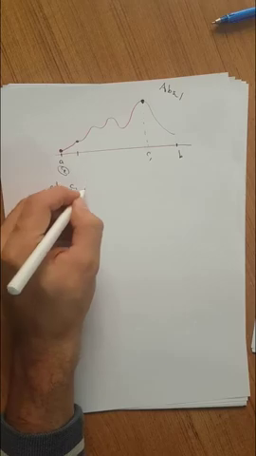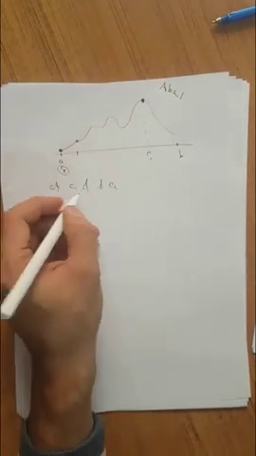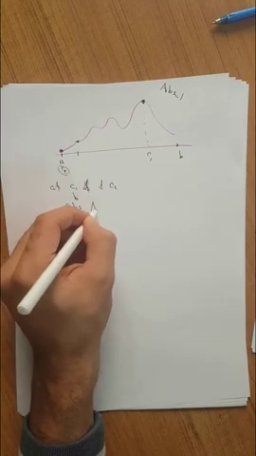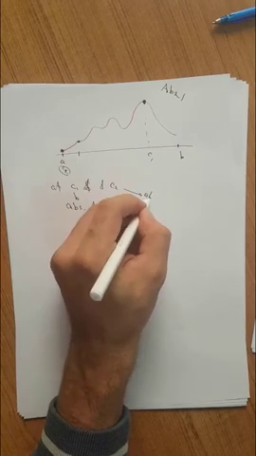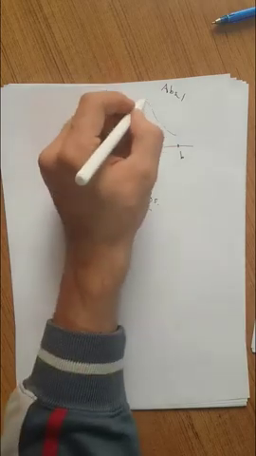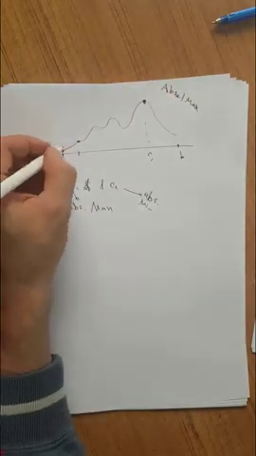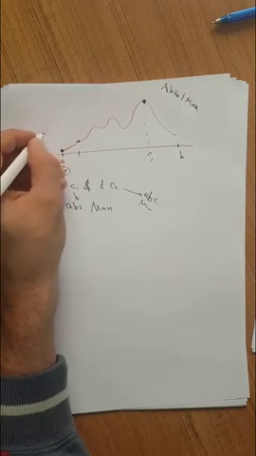At C1 is the absolute max, and here the absolute min. Oh yes, here's the absolute max, and I'm going to write AM for absolute max, and absolute min.